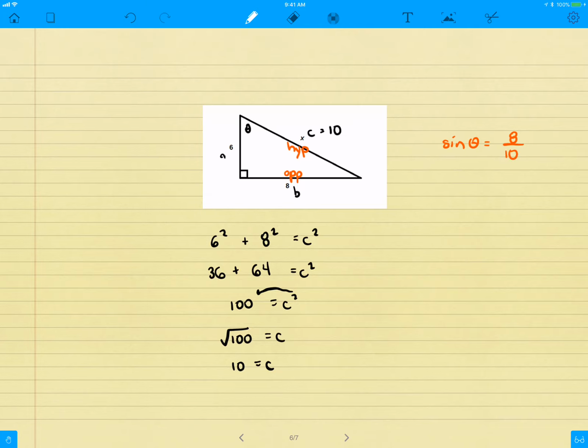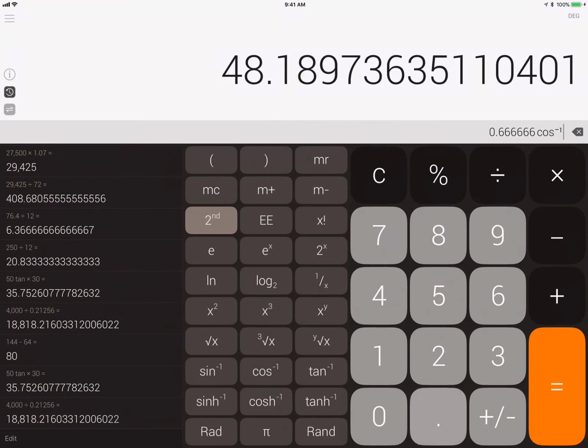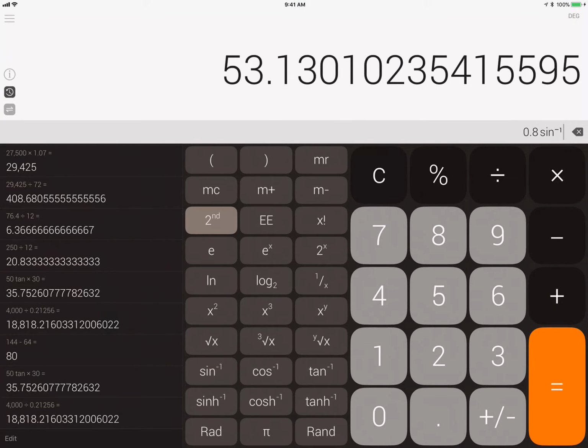Now 8 divided by 10 is 0.8 on a calculator. And then you're going to take the inverse sine of that to the other side, so the arc sine. Again, we use this function when we want to find angles. Now, if I go back to my calculator and actually type that in, so 0.8, and then I hit the second and hit the sine button, so I get 53 degrees.